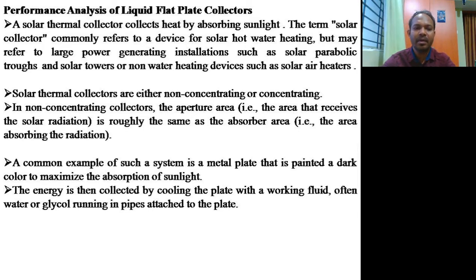The main advantage of a flat plate collector is that it utilizes both the beam and diffuse components of the solar radiation. We have already dealt with what beam radiation and diffuse radiation are.